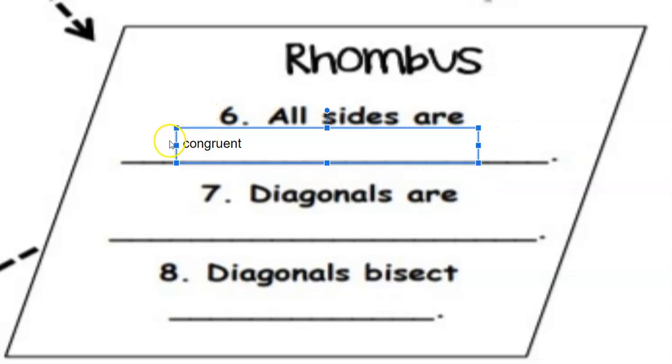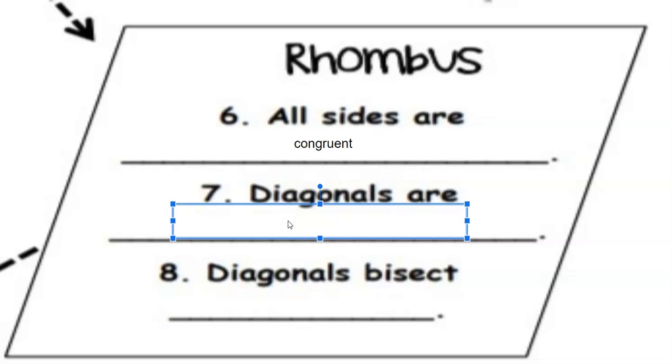Every rhombus has 4 congruent sides, and every quadrilateral that has 4 congruent sides is a rhombus, which again means a square is a rhombus. Another thing that is true for every rhombus is that the diagonals are perpendicular, which means that where they meet in the middle of the shape, they form right angles.